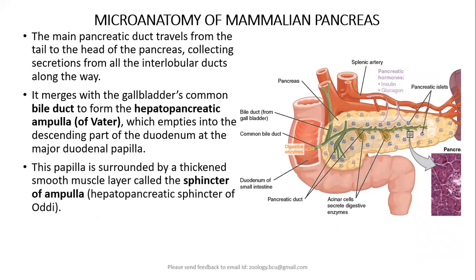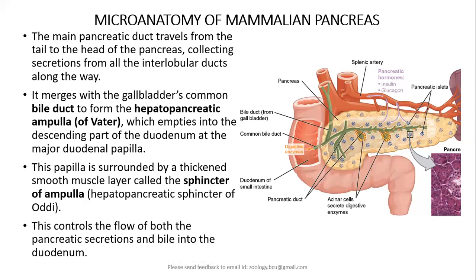This papilla is surrounded by a thick layer of smooth muscle forming the sphincter of the ampulla. This sphincter is also called the hepatopancreatic sphincter of Oddi, which controls the flow of both pancreatic secretions and bile into the duodenum.